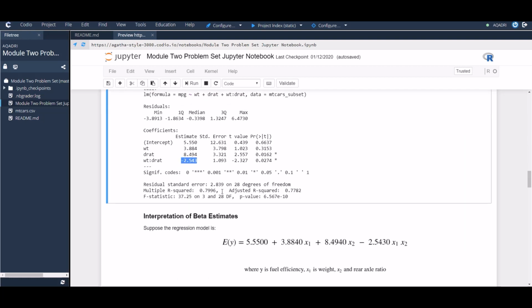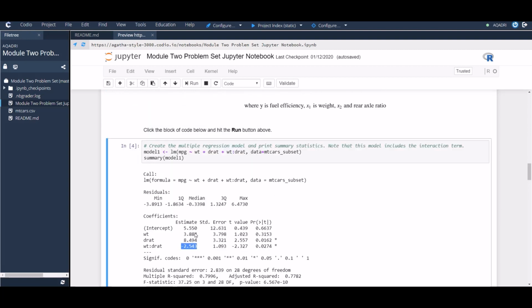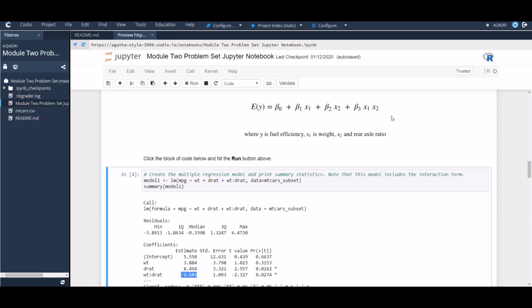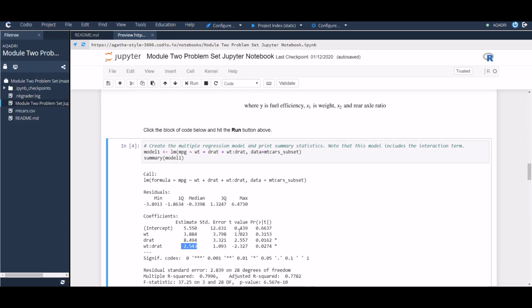The statistics that are printed are the same as you studied last week. You have the r squared, the multiple r squared given here. So what this means is that 79.96% of the variation in the response variable is explained by the model that uses these predictors and the interaction term.